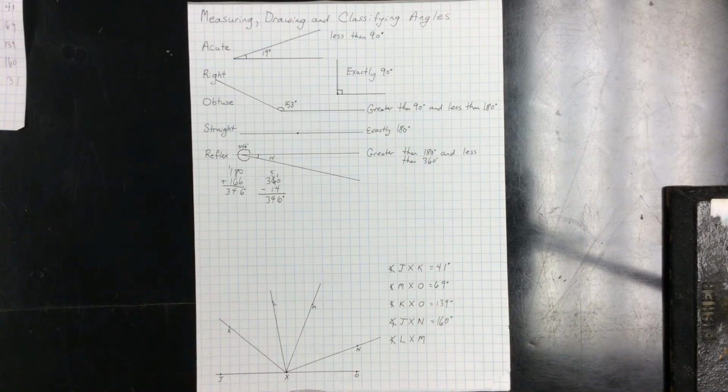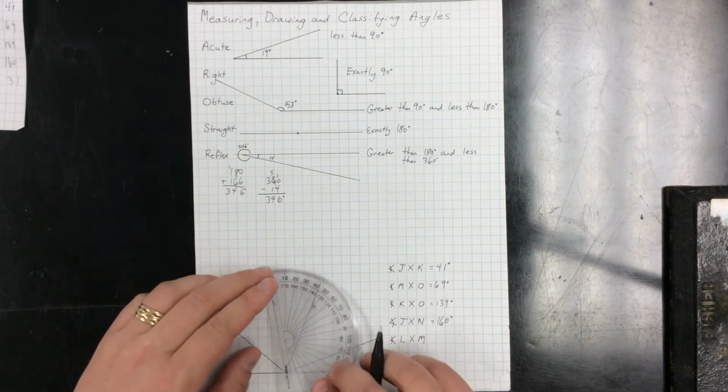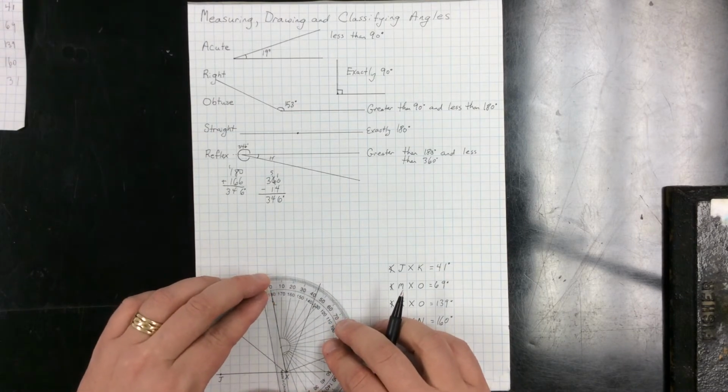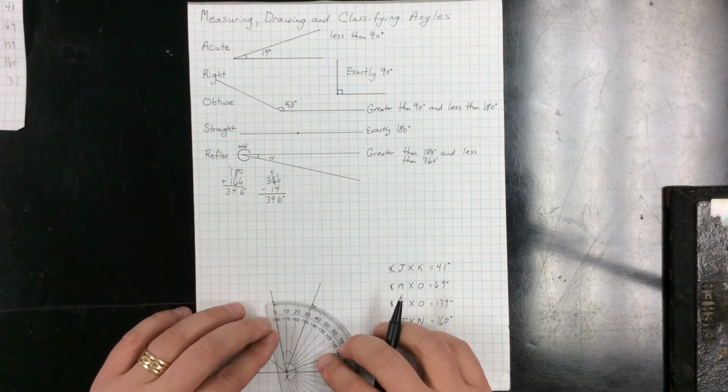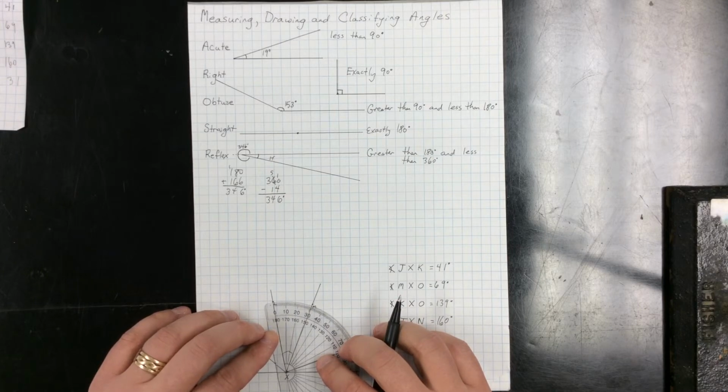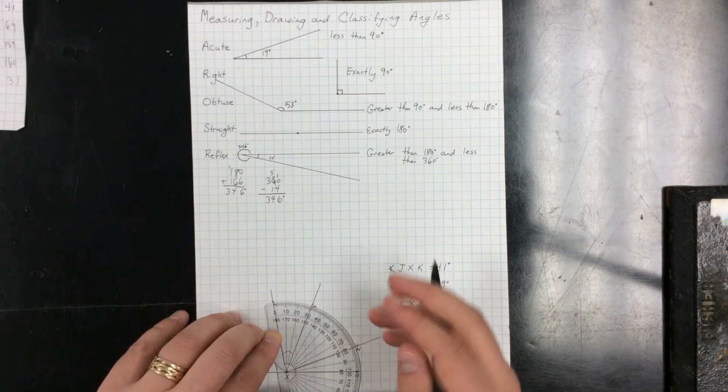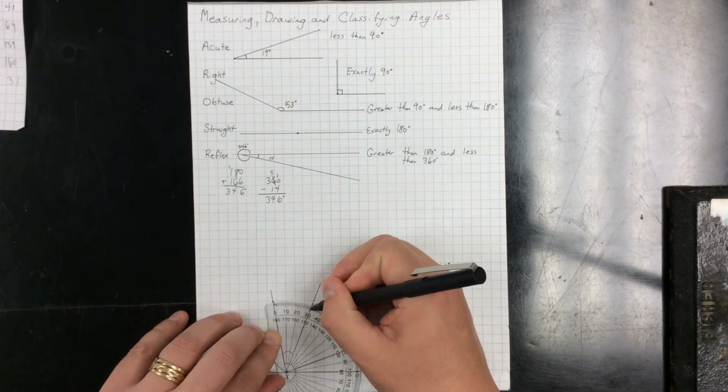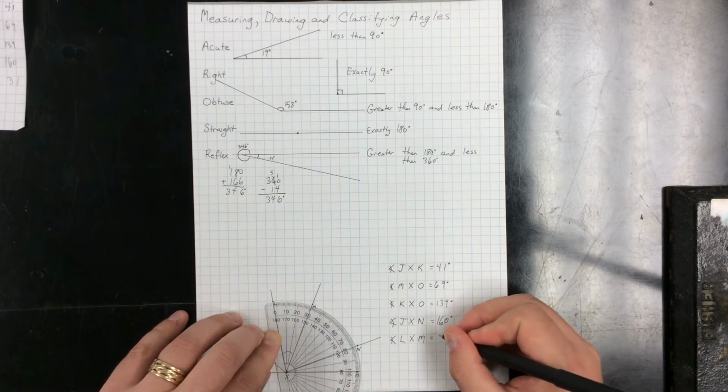The last one I'm going to look at doesn't use J or O. We're going to talk about LXM, this little angle in here. Probably the easiest way to do this is to choose M or L as my bottom line and turn the whole protractor. In which case I start at 0, 10, 20, 31 degrees.